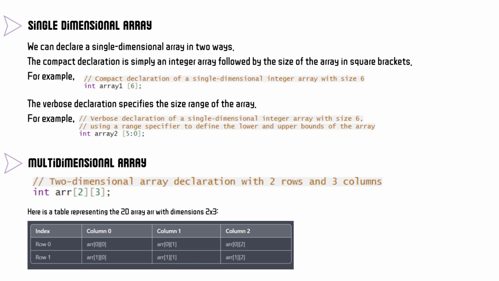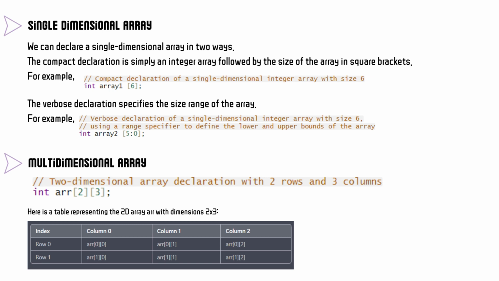To represent this array in a table, we can list out the rows and columns and fill in the values at each index. The first row of the table represents the columns, labeled as column 0, column 1, and column 2. The second row of the table represents the indices of the first dimension, labeled as row 0 and row 1.